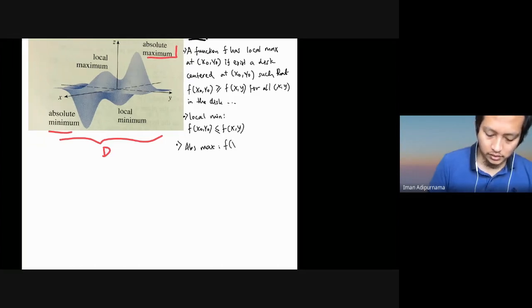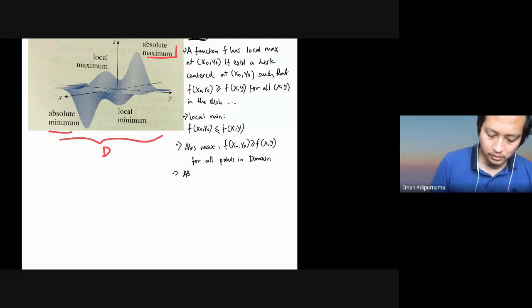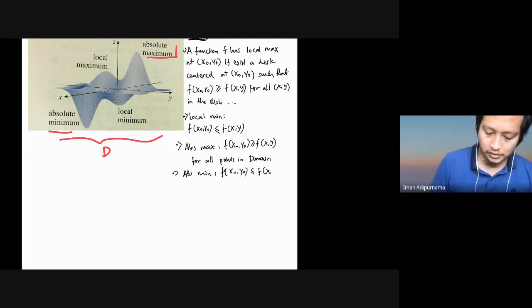This is the same thing as local max, but in terms of all domains, for all points in the domain. And absolute minimum, same thing as local minimum, but in terms of the domain.